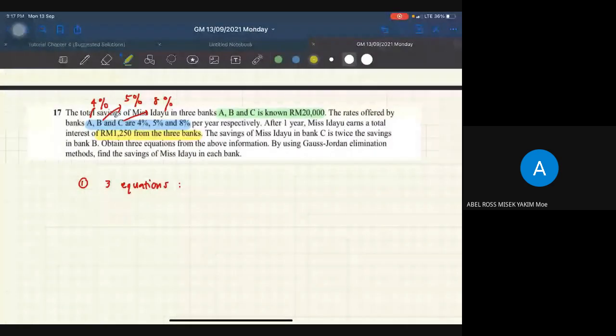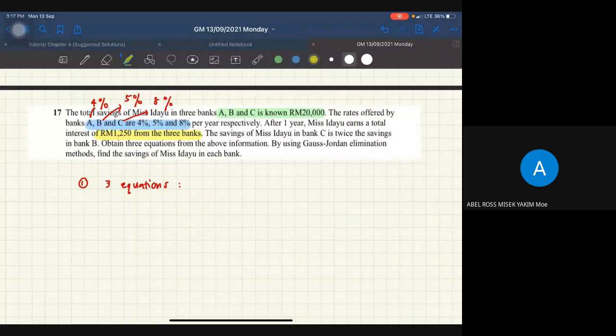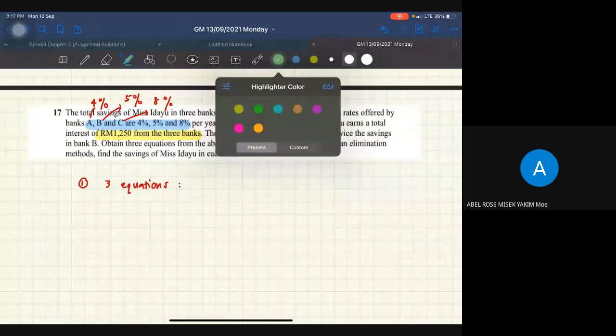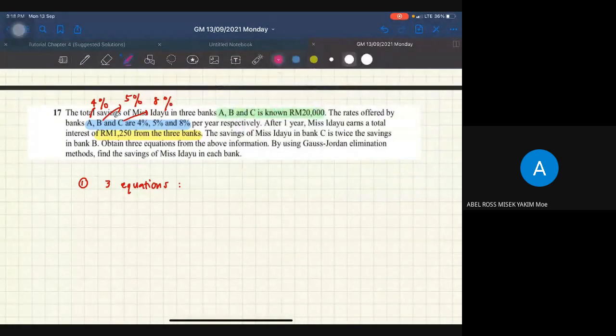And then dia kata the savings of Miss Idayu in bank C is twice the savings in bank B. Okay, so daripada ayat ni, apa yang awak boleh concludekan? Savings dia dekat C is twice the savings in bank B. What conclusion do you get from this one?